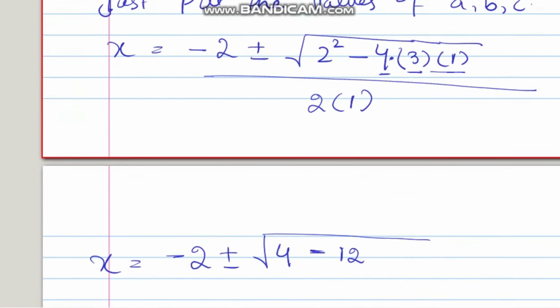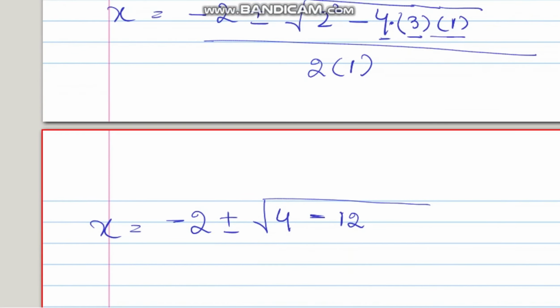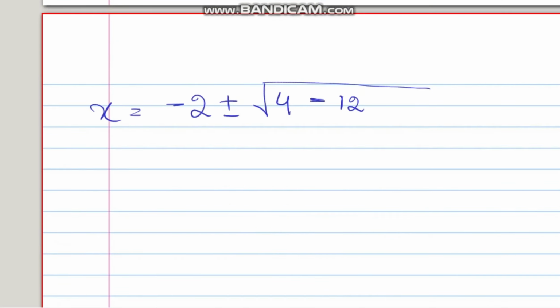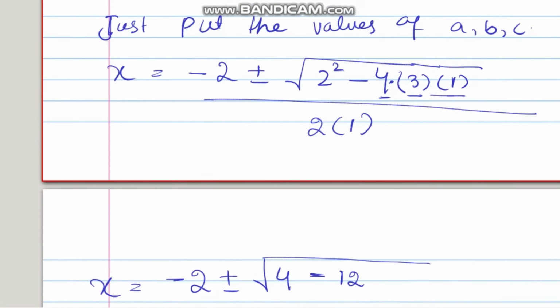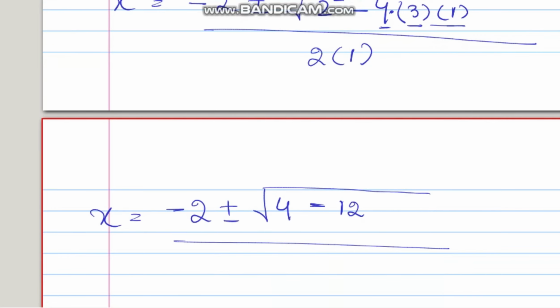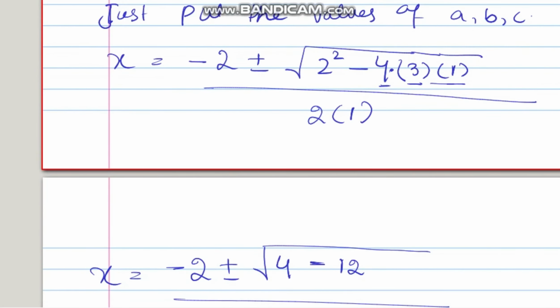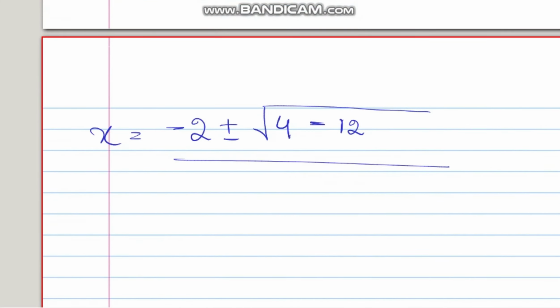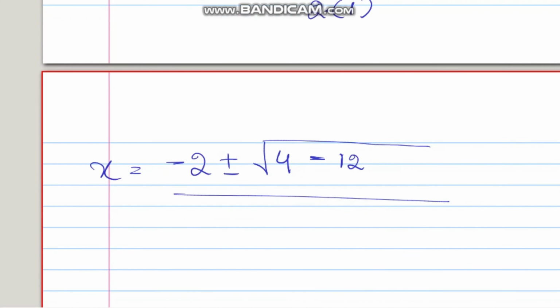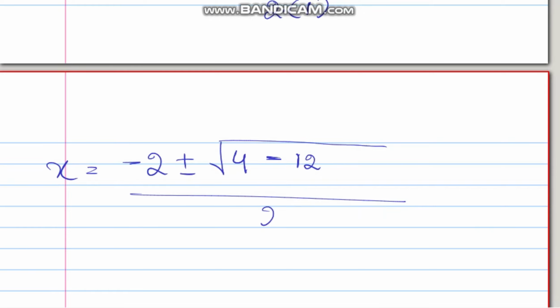Below it, 2 multiplied by 1 is basically 2.